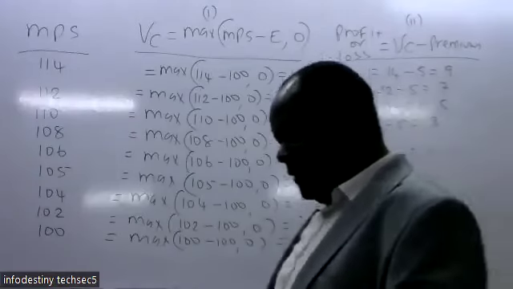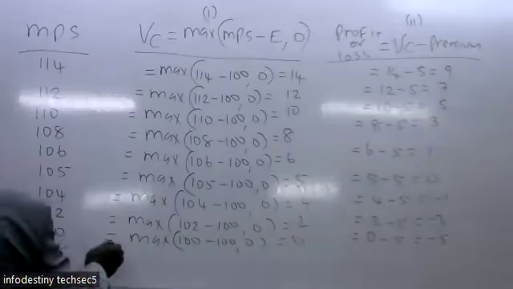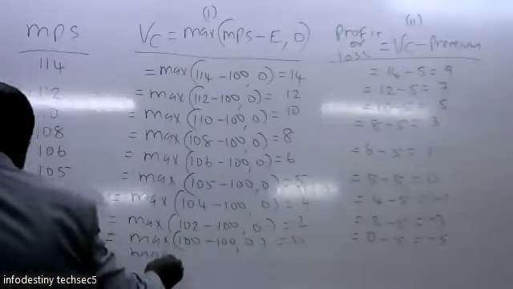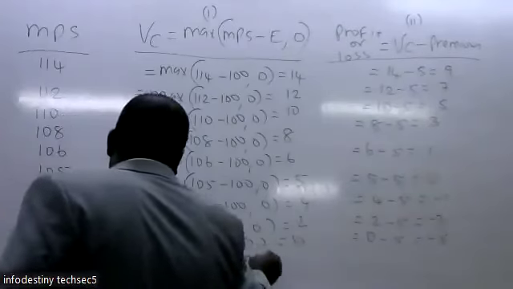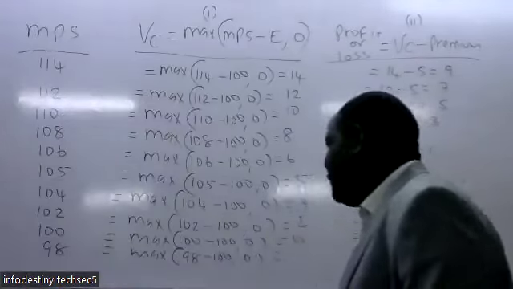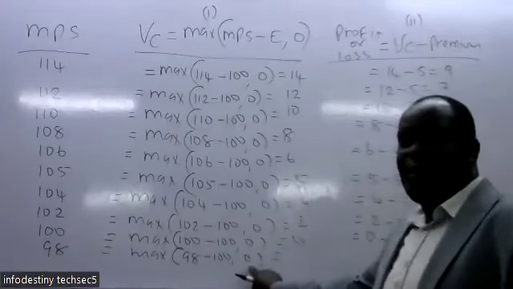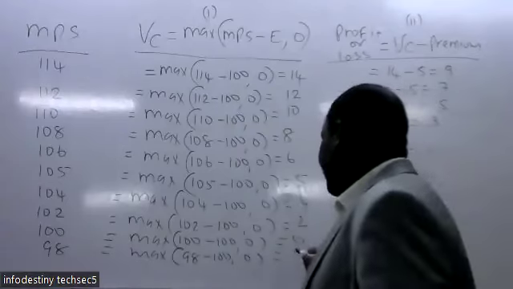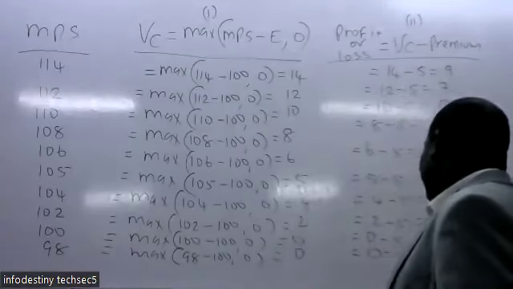The next one is now 98. So 98, we have said now it is 98 minus 100. So when it is negative, we have said the minimum value, you make it 0, in case it is negative. So this one will just be a 0. Yeah, so it will still remain -5.